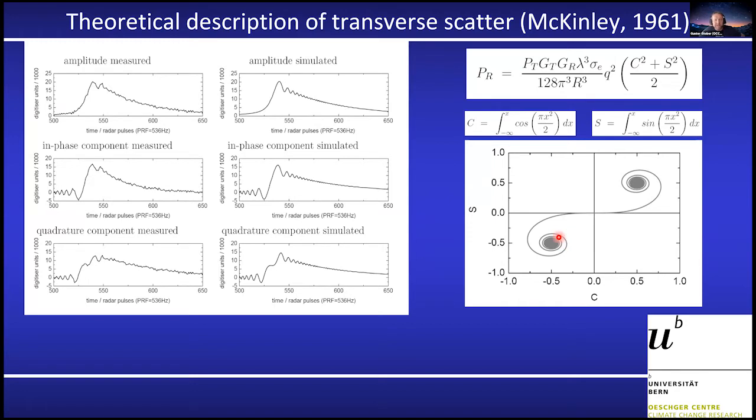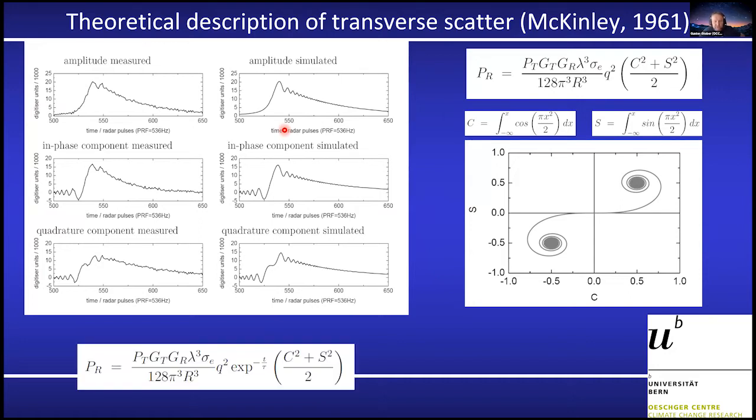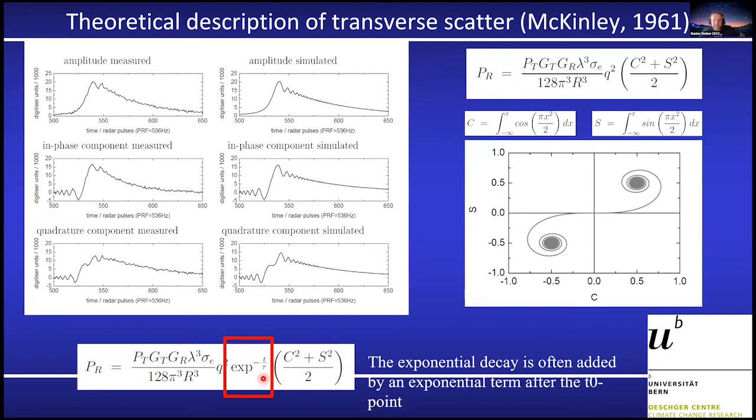When you do that, you get a fairly nice match of the measured amplitude morphology and the simulated signal. However, this equation did not contain the decay. This was very often added by simply adding an exponential decay function with a certain decay time, tau.